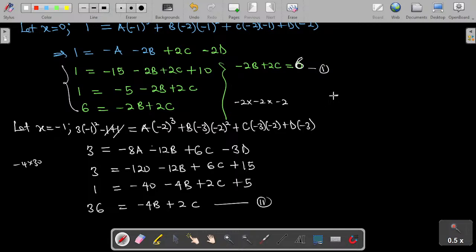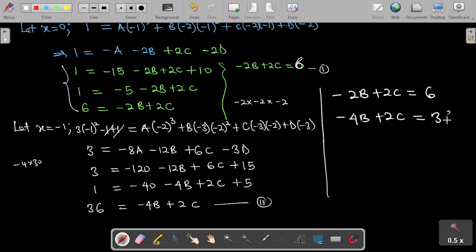So now we have two equations to solve. The first one is minus 2b plus 2c is equal to 6, and the second one is minus 4b plus 2c is equal to 36. Elimination can go here. Let me change my marker at this point so we can subtract.